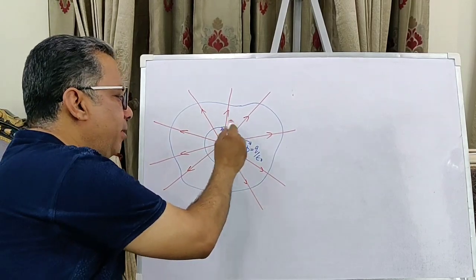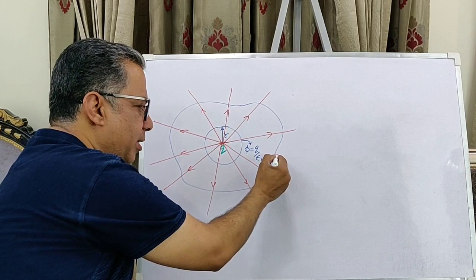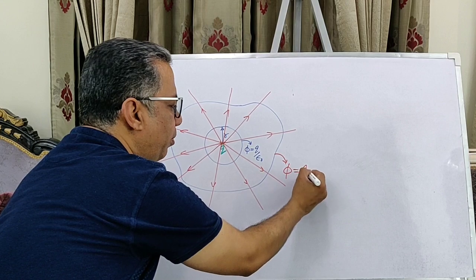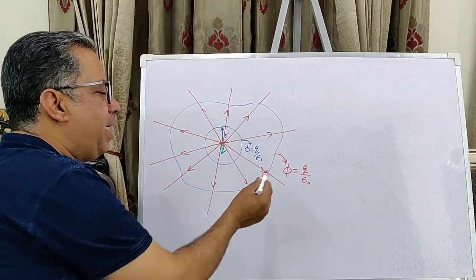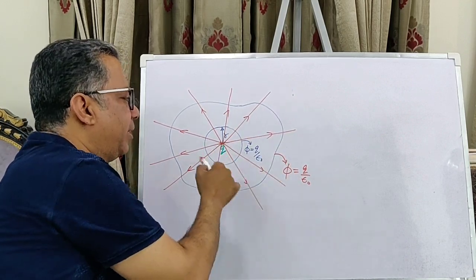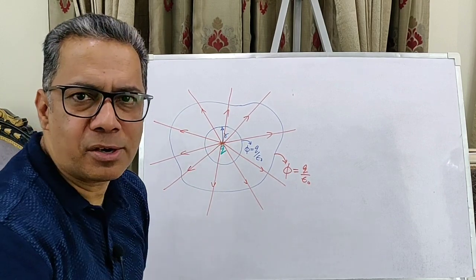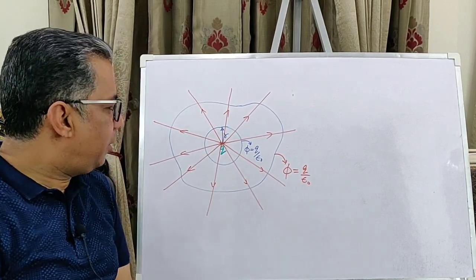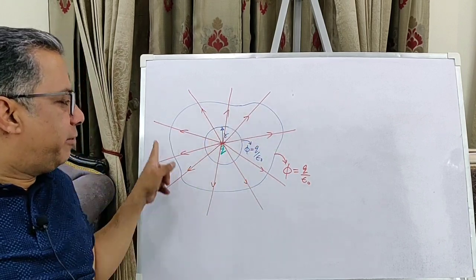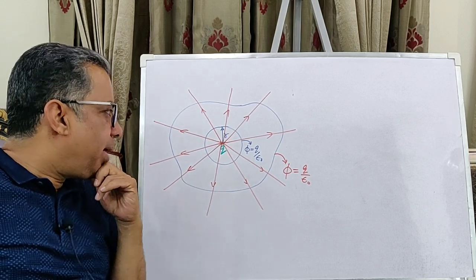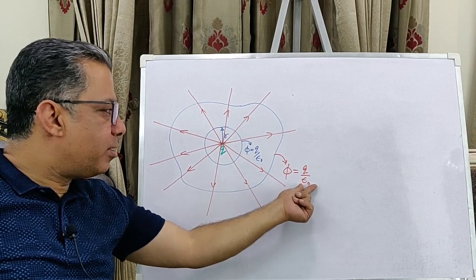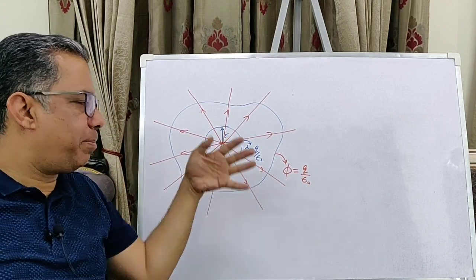So the flux through the sphere happens to be Q by epsilon naught, and therefore the flux through this surface is also Q by epsilon naught, depending neither on the radius or the size of the surface nor on the placement of the charge. So this is beginning to get pretty interesting. We have a closed surface of an arbitrary shape, and we figured out that the flux through it equals Q by epsilon naught, where Q is the charge that's kept inside it.